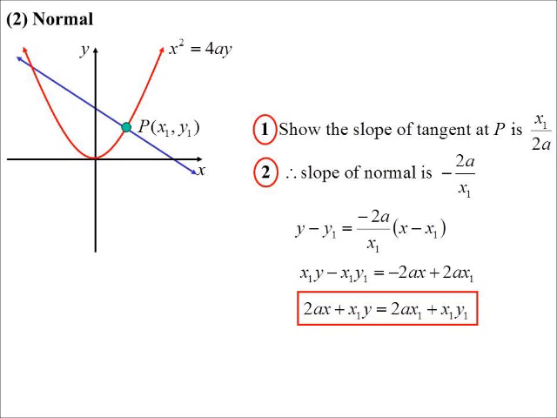But in this case with the normal, the right hand side is mimicking the left hand side. So where we had on the left hand side the variables x and y, on the right hand side it's replaced with x1, y1. So I don't think it's quite as nice as the tangent mimicking the parabola itself, but there is some sort of copying happening there.